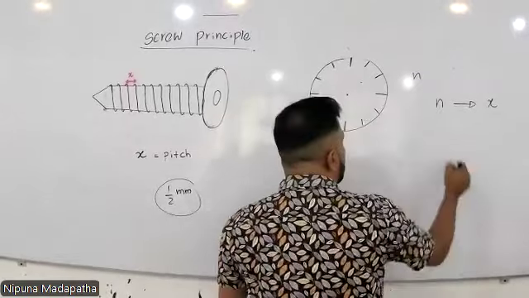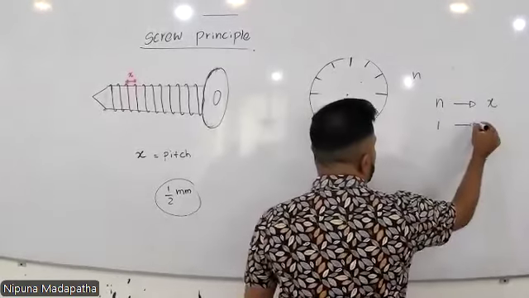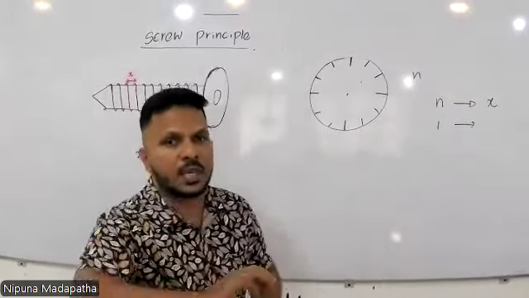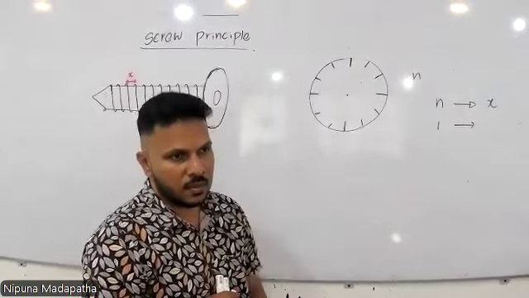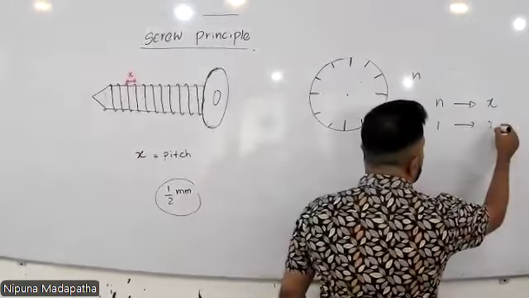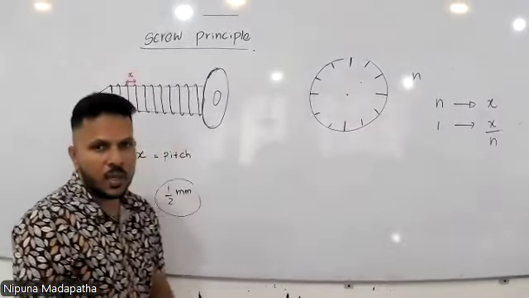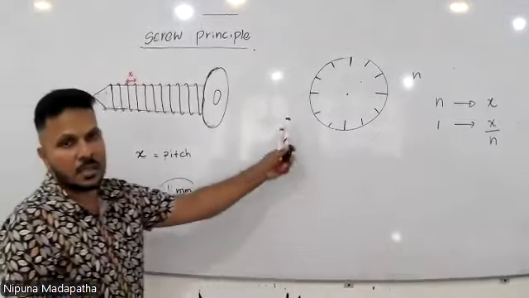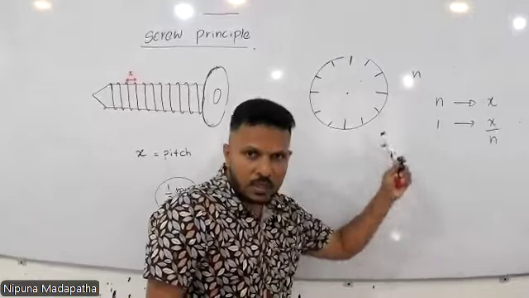So if you turn one division of this circular scale, what distance does the screw advance? x over n. That is pitch over n, where n is the number of divisions in the circular scale.